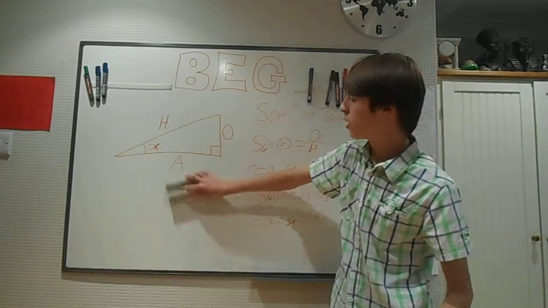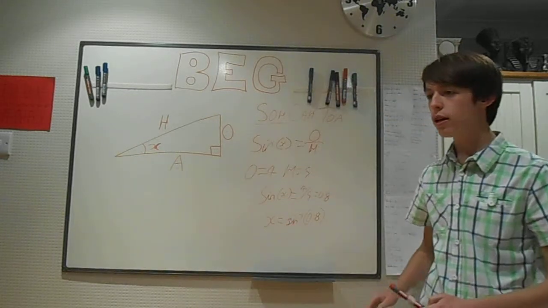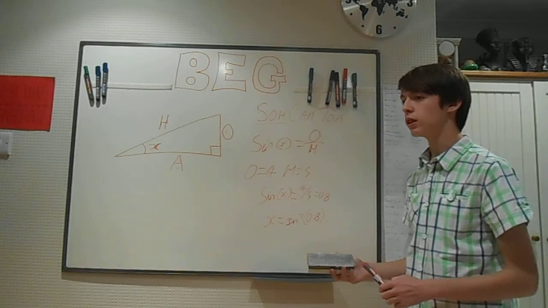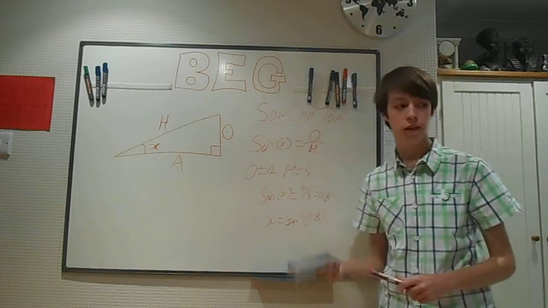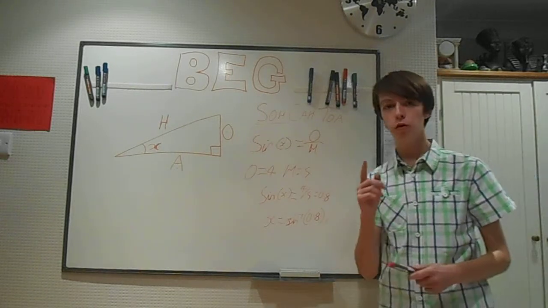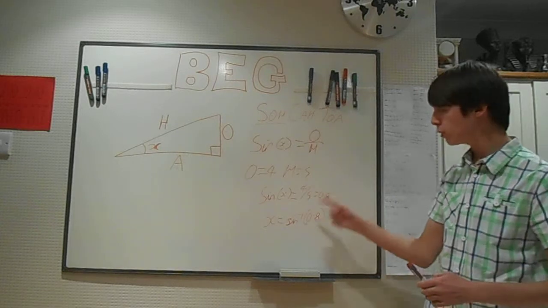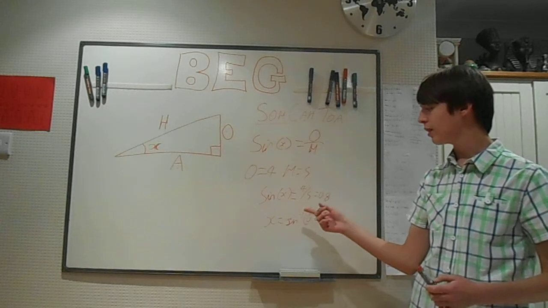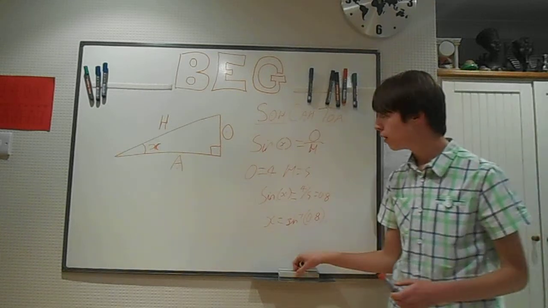Okay, so I don't have a calculator on me, but that's going to come out at something like maybe 60 degrees or something around that region. So in fact, why don't you post a comment with your answer to this problem? What is the inverse sine of 0.8?